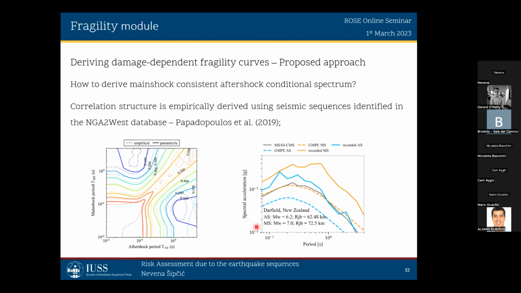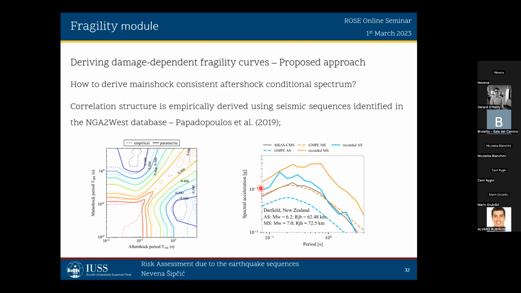And as an example, I'm showing here the recorded main shock ground motion in this solid orange line, and what was predicted by the GMP in this dashed line.